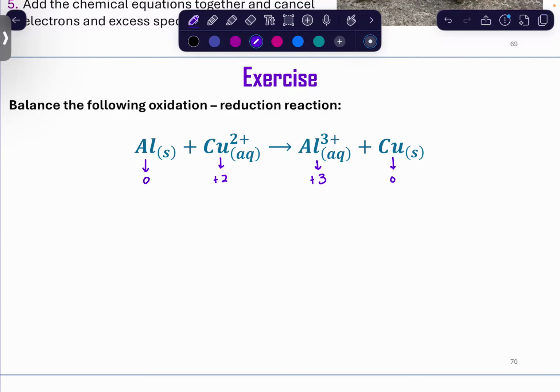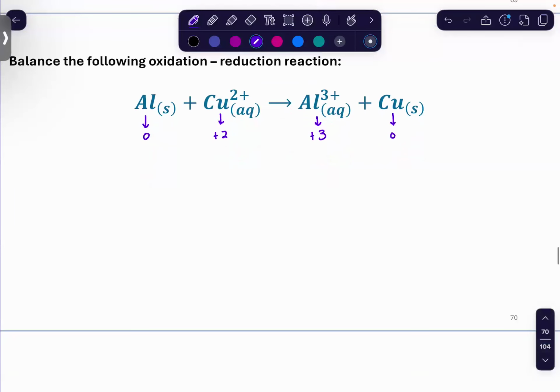Okay, now the half reactions. Well, our oxidation half reaction is solid aluminum to the aluminum ion. You can keep track of your phases all the way through, at each step, or you can put the phases back in at the very end once you get your final balanced redox reaction.